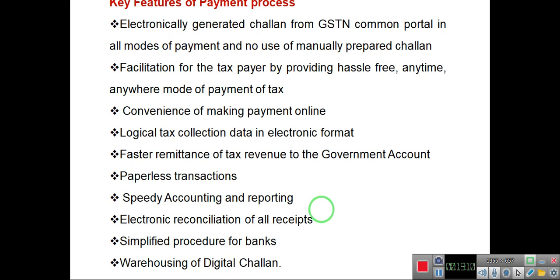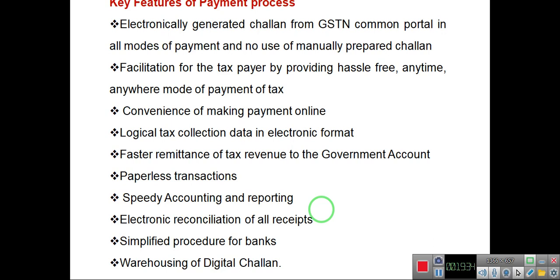Facilitation for the taxpayer by providing a hassle-free, anytime, anywhere mode of payment of tax. Convenience of making payment online, from anywhere, anytime; the taxpayer can make online payment. Logical tax collection data in electronic format.